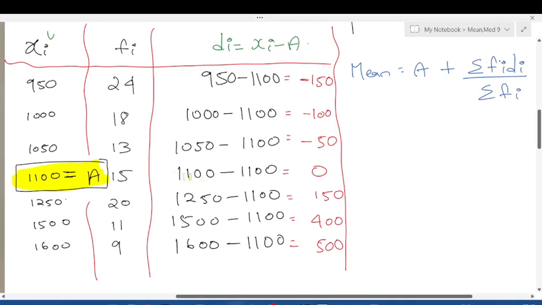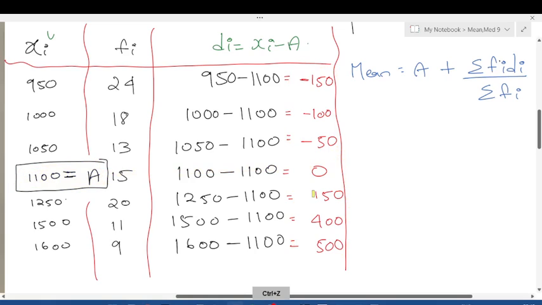Observe this. Wherever we have assumed the value, students, that value will definitely be 0 here. Can you see 0? And above that, what can we observe, positive or negative numbers? Below that, positive numbers. This is how you should get your answer.